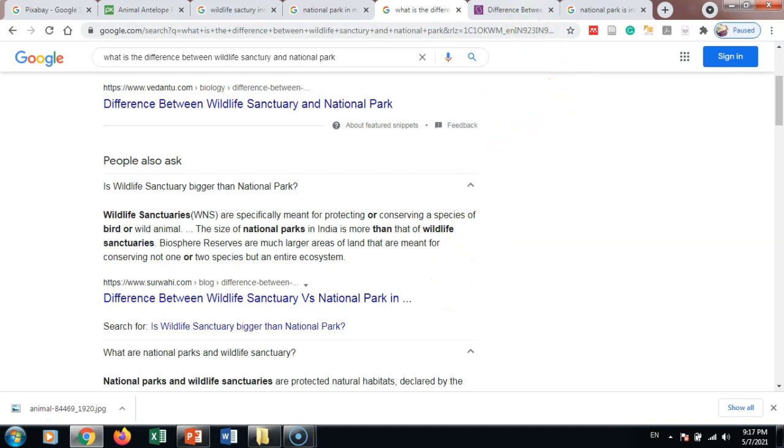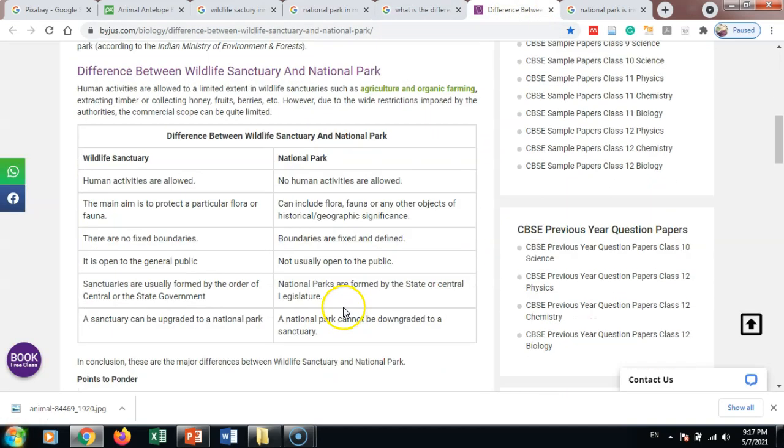So now let's go towards the basic differences between wildlife sanctuary and national parks. In a wildlife sanctuary, human activities are allowed. In a national park, no human activities are allowed. The main aim is to protect a particular flora or fauna.